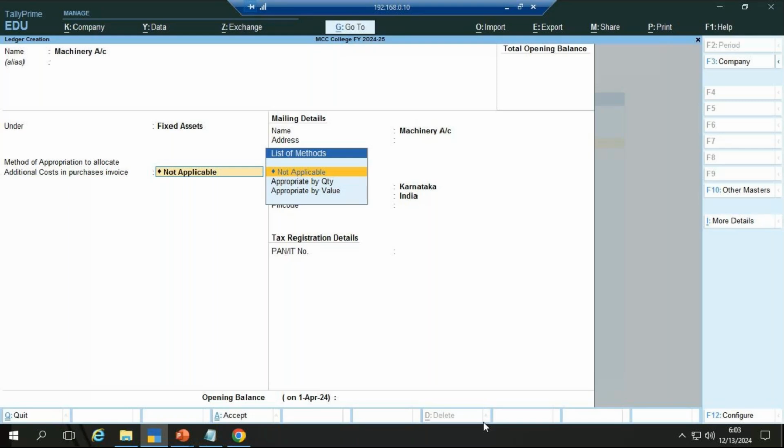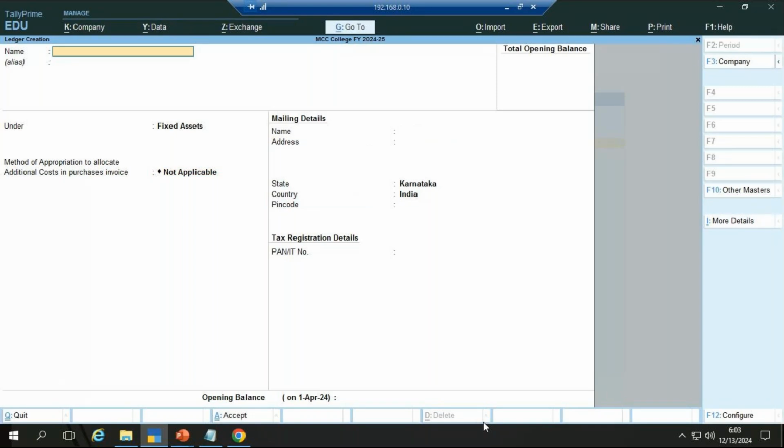Control A. Land account comes under fixed asset.